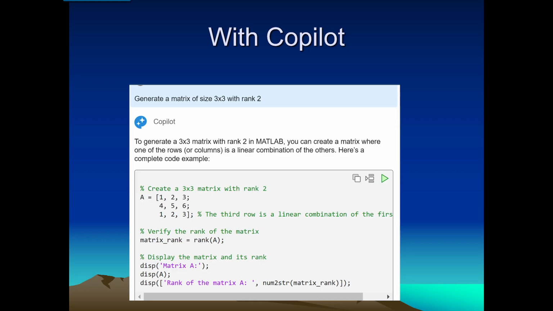Okay, or if you want to use the copilot, now generate a 3x3 matrix with rank 2. Well, it creates, you see, the third row is a linear combination of the first. In this case, exactly equal to the first. At least the copilot could have put here 2, 4, 6, at least a linear combination of the first row.